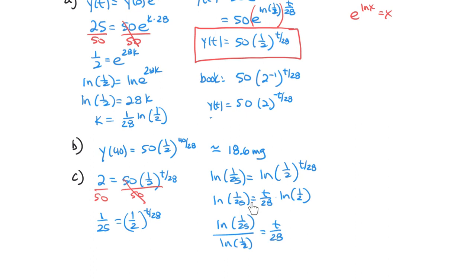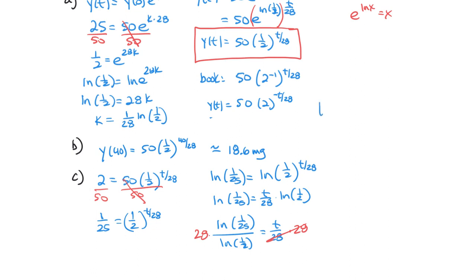Right, I just divided. I've got an equation here. I divided this side by the natural log of 1/2, which left me with this, divided that by the natural log of 1/2, which left me this. And now I basically need to get rid of the 28. So t has been divided by 28, so I'm going to multiply each side by 28 to get rid of that.